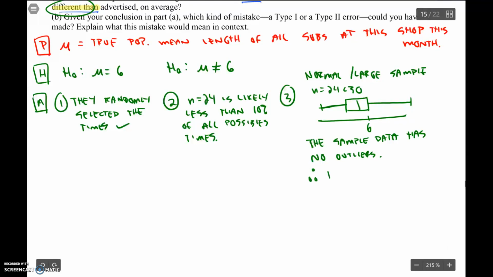Therefore, the sampling distribution of my sample, which is X bar, is approximately normal. Again, guys, I require this on my test. You have to give it to me or you lose a point.